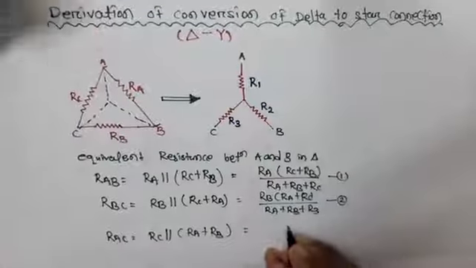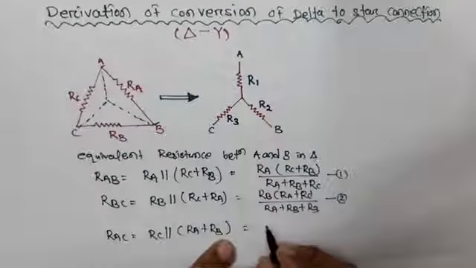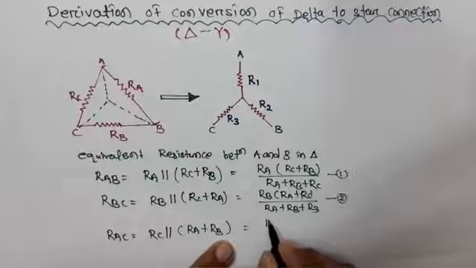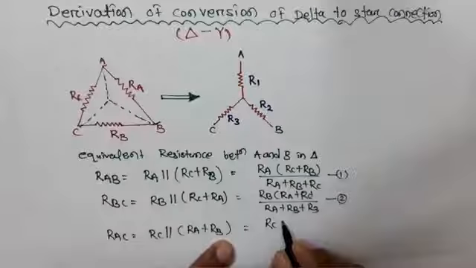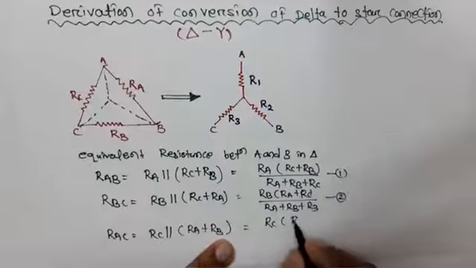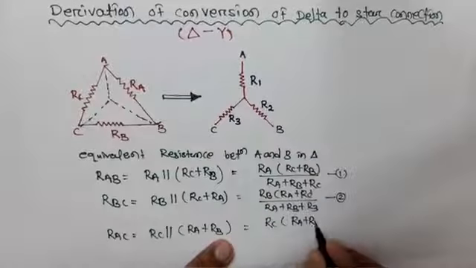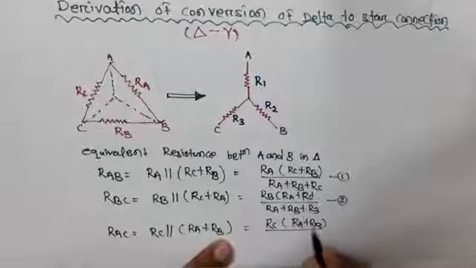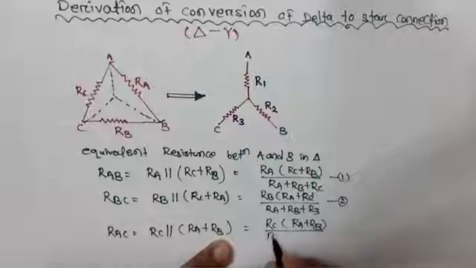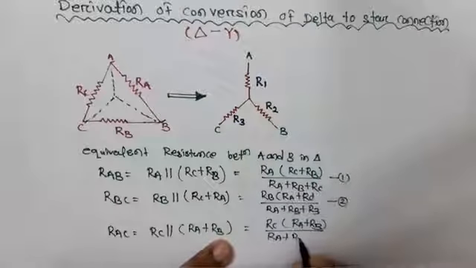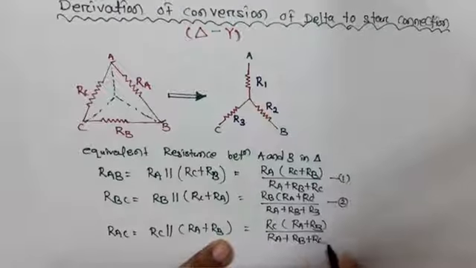Again, this modified equation is RC into RA plus RB divided by RA plus RB plus RC.